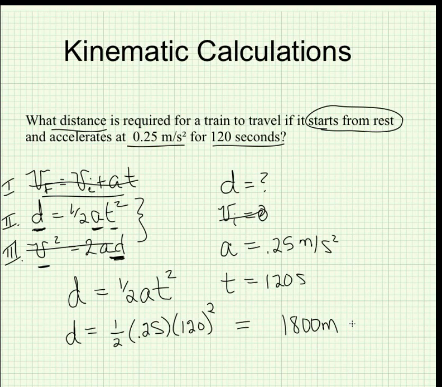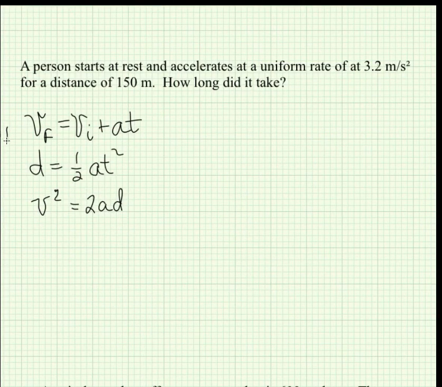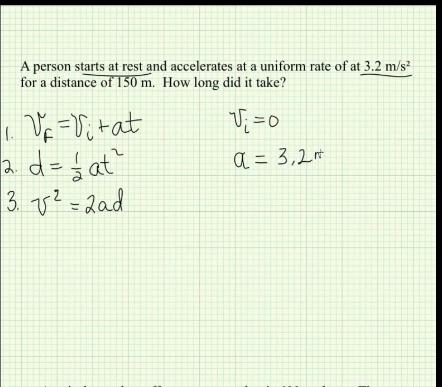All right, let's do another example. Once again, I've got our three kinematic equations, and I'm going to start from the beginning. It says a person starts from rest, so that means my initial velocity is 0, and it accelerates at a uniform rate of 3.2 meters per second squared. I know that's the acceleration, both because it tells me it's the acceleration and because the unit is meters per second squared, so I have that value.